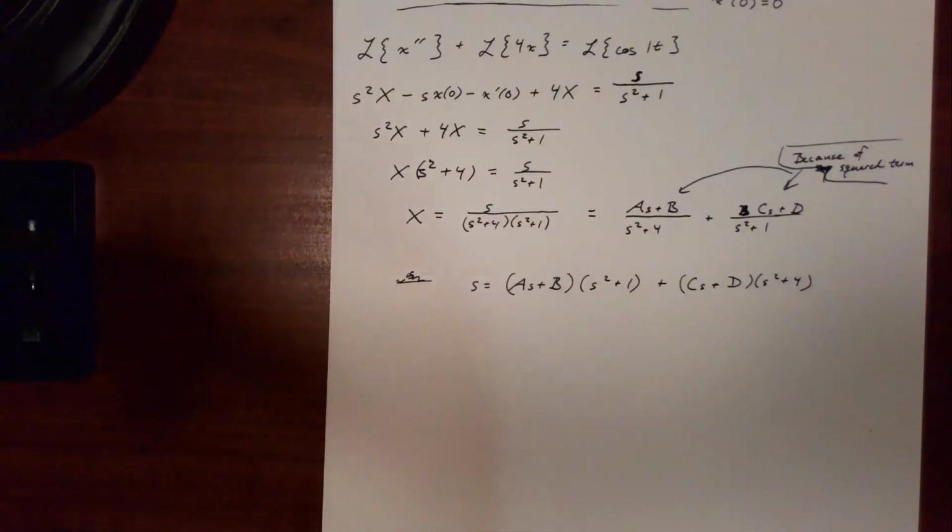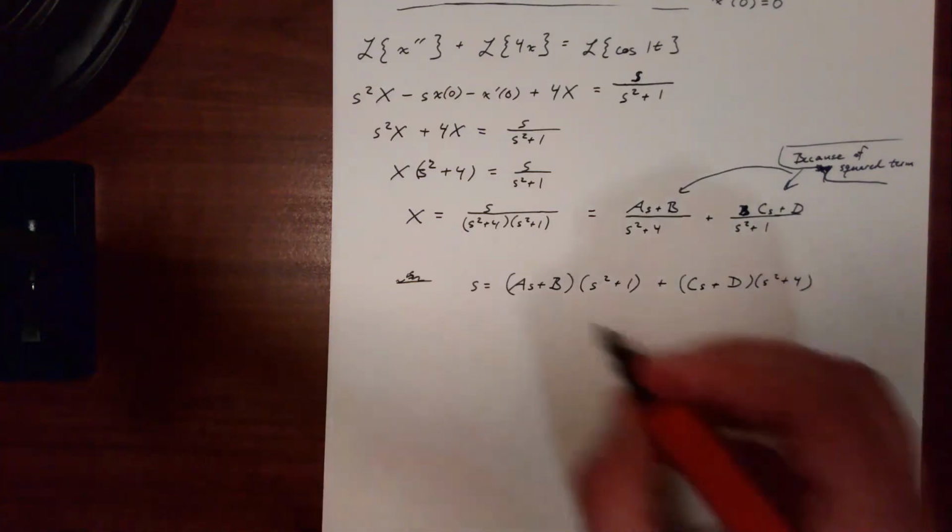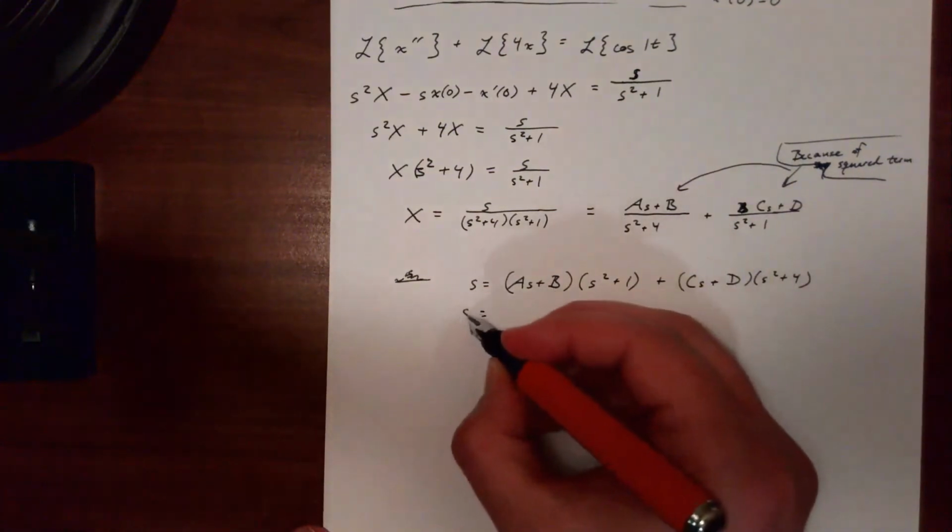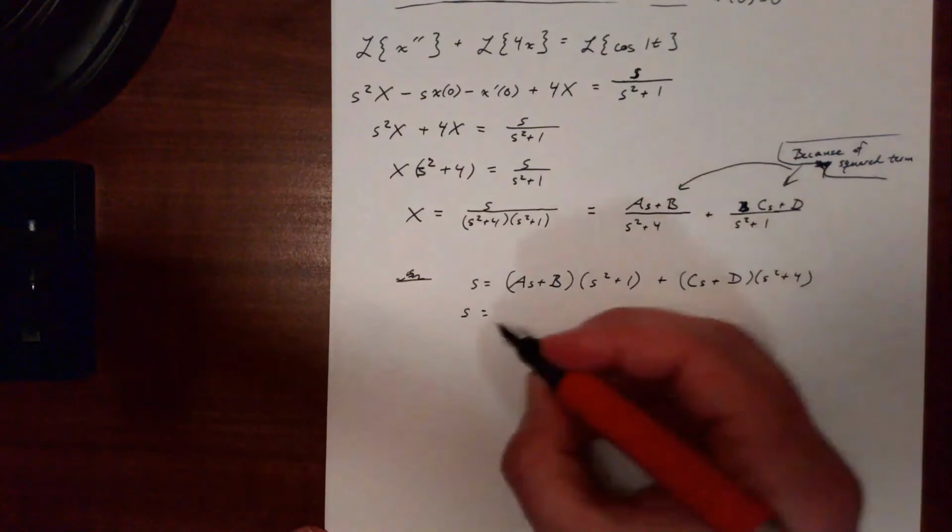Now, what a lot of people who do this a lot like to do in these cases is continue the process of just plugging in useful values to make the numbers disappear. Unfortunately, to make that happen, that's going to require complex numbers, and so it's not actually that convenient. So, what we'll do is multiply it all out and then collect all the like terms.